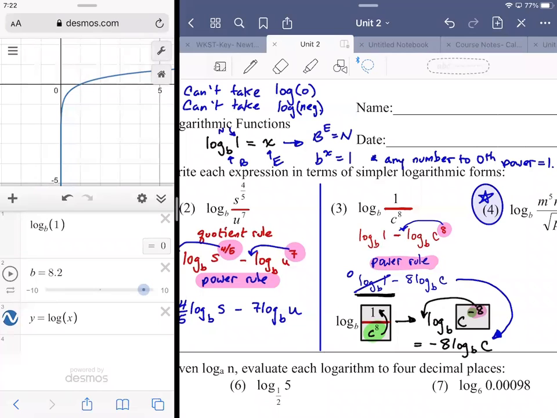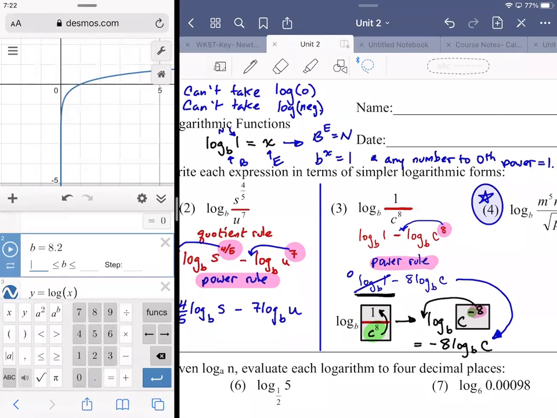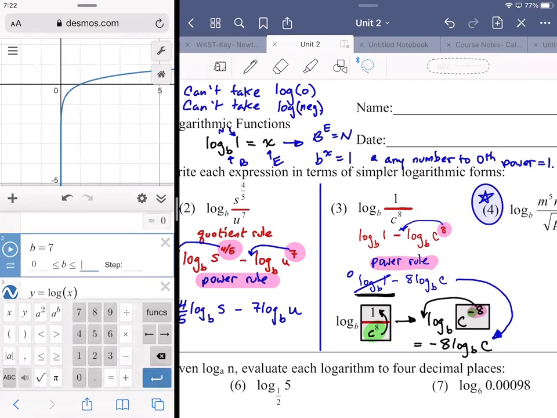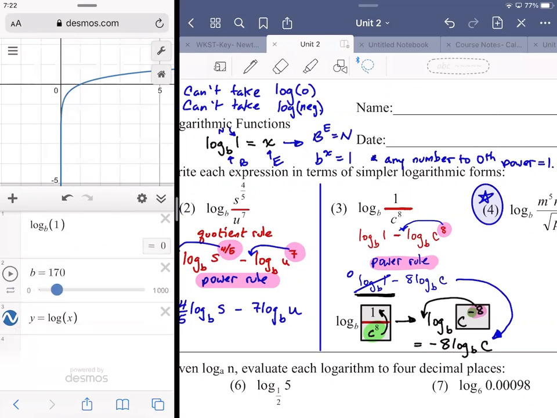All right. So looking at only positive values for B, I would have to start somewhere, so I'll start at 0. You see that no matter where I put my slider, I could even extend it beyond the 10. I'll put it to 1,000. No matter where I put the slider, for any positive real number base value, the log of 1 is always going to be equal to 0, right?